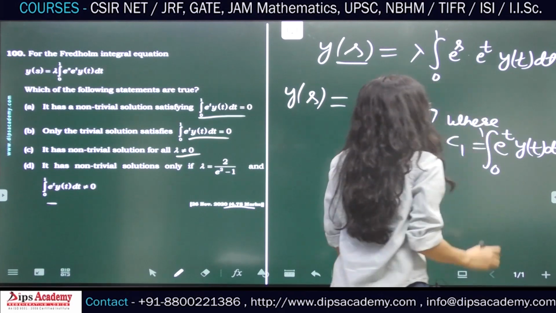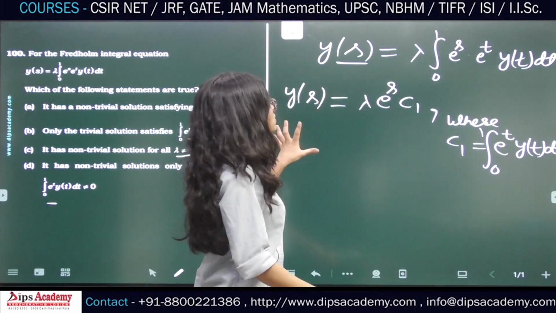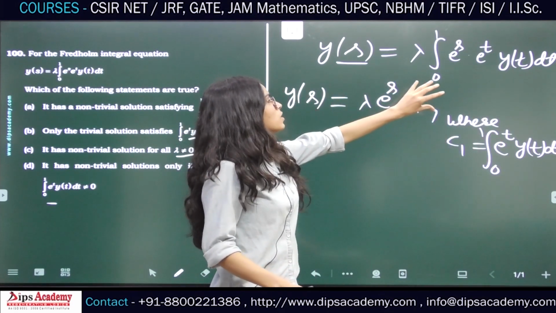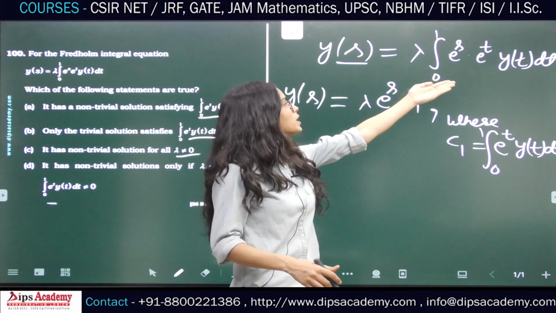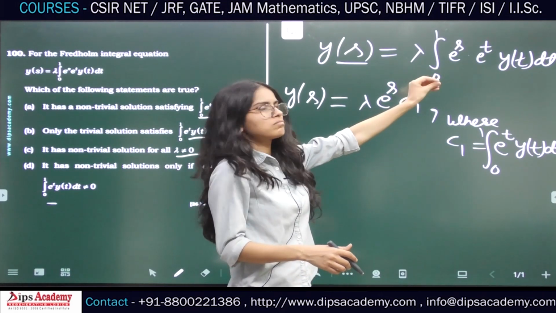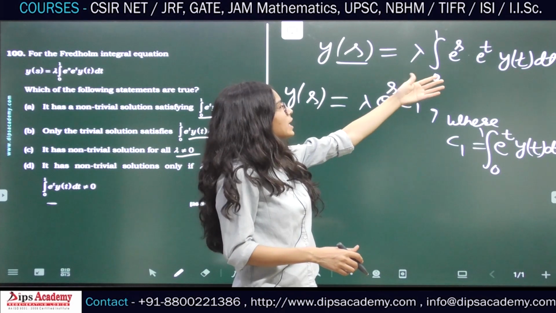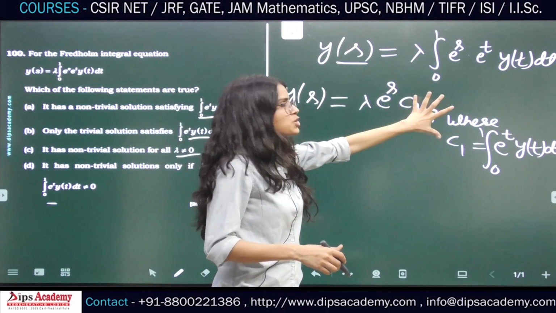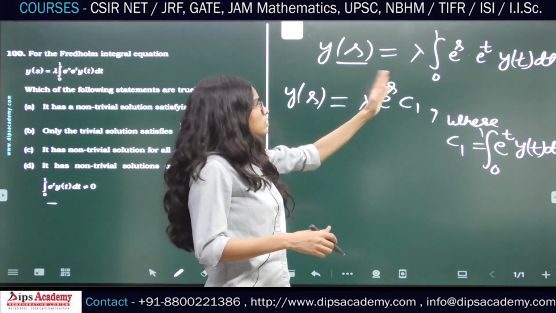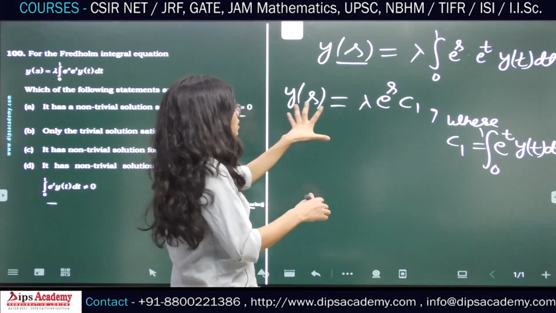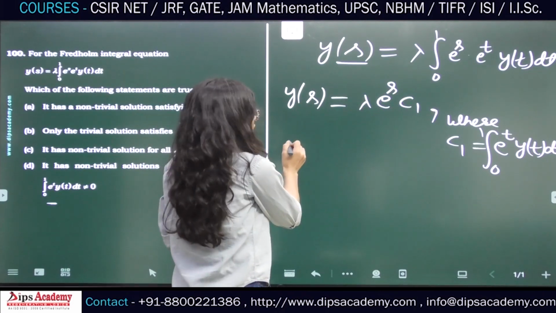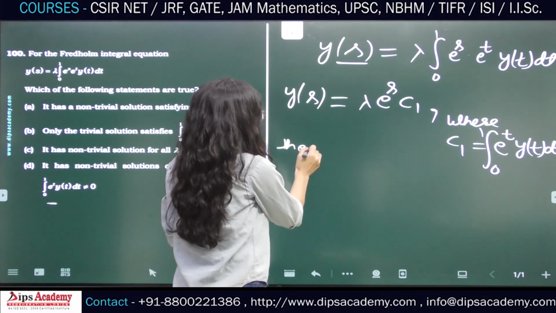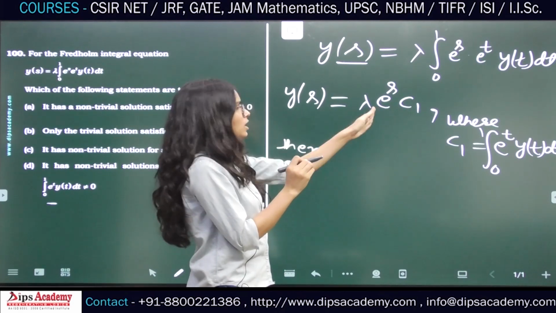So whatever the integral is with respect to the integration variable, we put that as c1 or c2, some arbitrary constant, and then we solve that equation, nothing else. Then we find the value of c1 and get our solution.